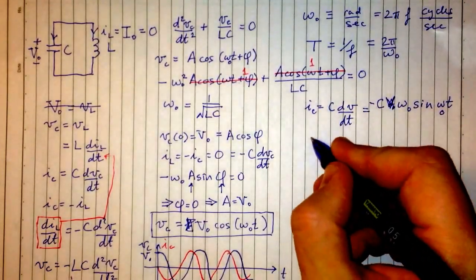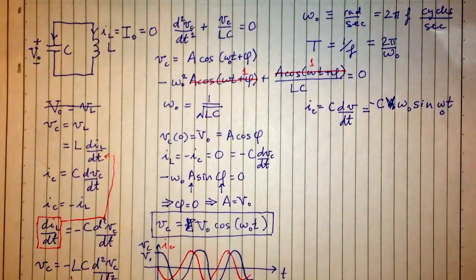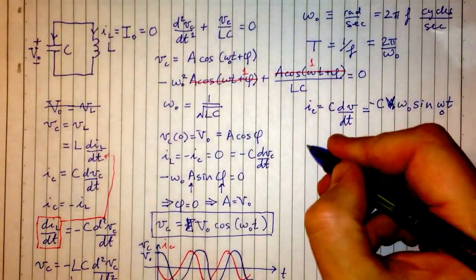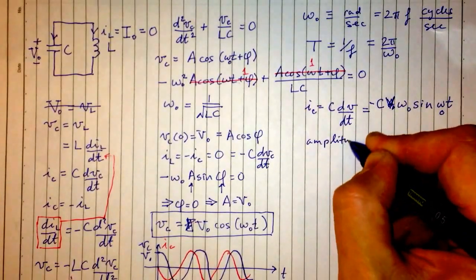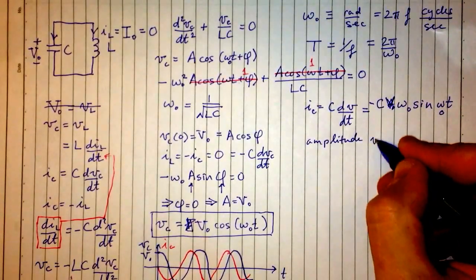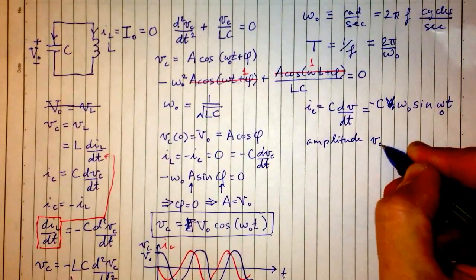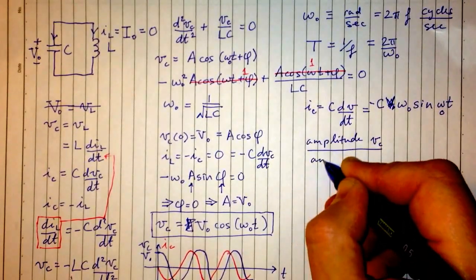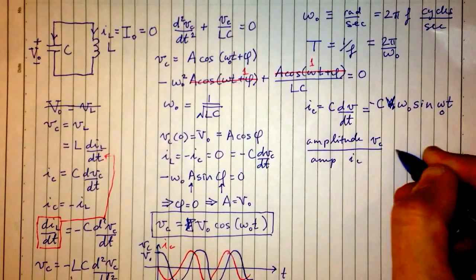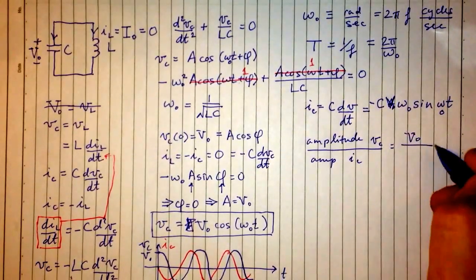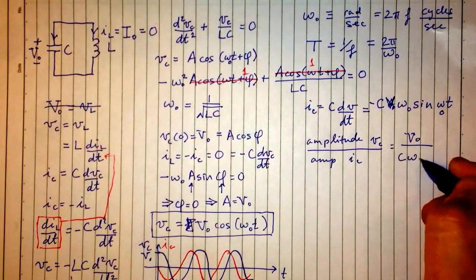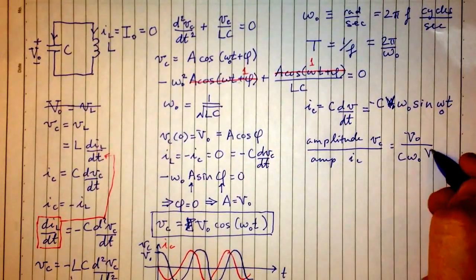So current comes pi over 2 in front of the voltage. Now I drew them the same magnitude, but they're not. The amplitude of VC over the amplitude of IC is equal to V naught over C omega naught V naught.